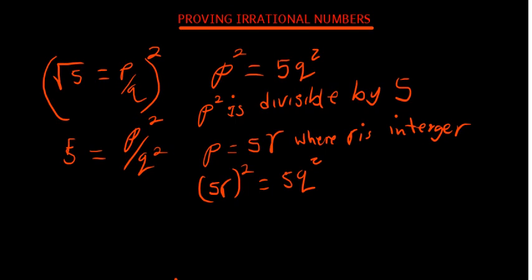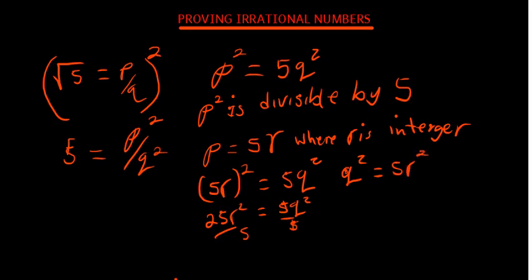So we are going to have 25r squared is equal to 5q squared. So you are going to divide both sides by 5. So you are going to have q squared equal to 5r squared.